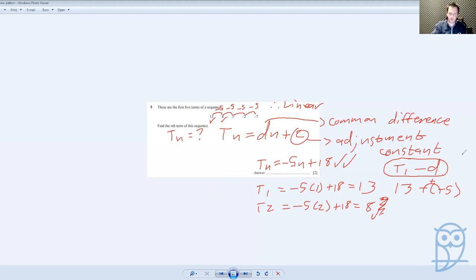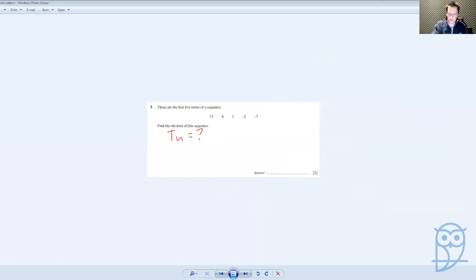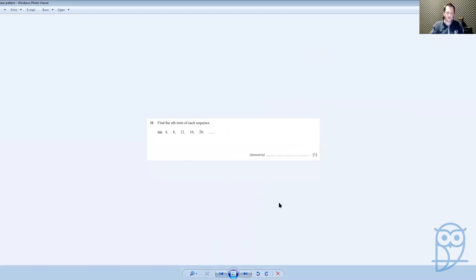Then we have another question. Find the nth term of this sequence.